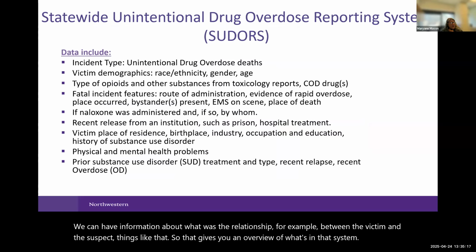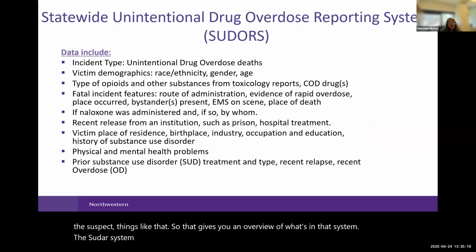The SUDORS system, again, was built in the footprint of VDRS. So the data sources are similar, the same actually. And I think the big difference is going to be around the substance use that was going on that caused the fatal overdose.